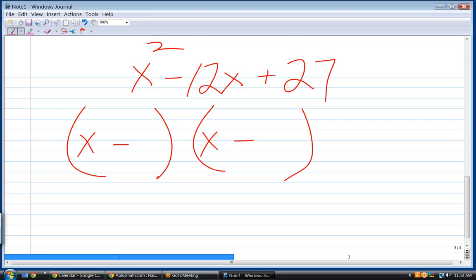Okay, so factors of 27 that have to do what? They have to add, because that's a plus, to the number 12. Not to minus 12, but to the number 12.